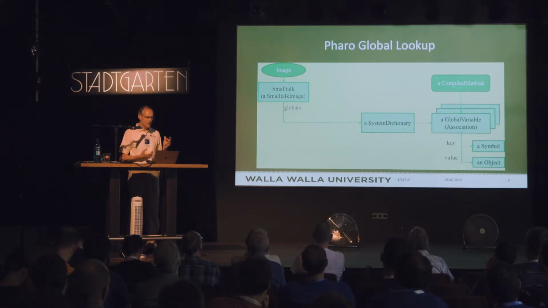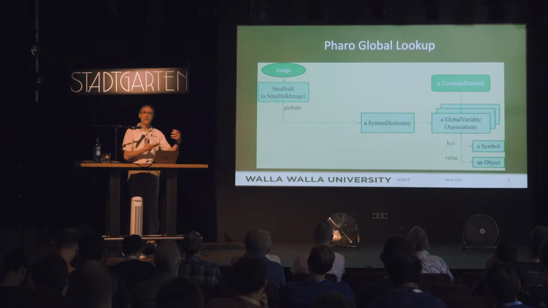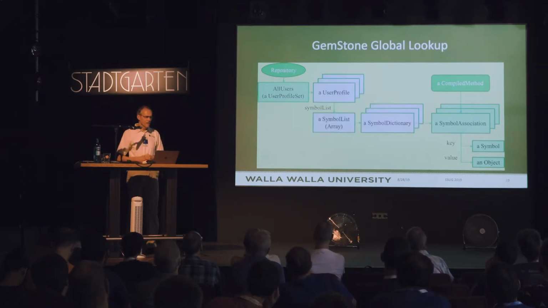But the globals is a single symbol dictionary that has a series of global associations which have keys and values. And the compiled method points to the association that then has a way of doing the lookup on the value. In GemStone, we have the repository.